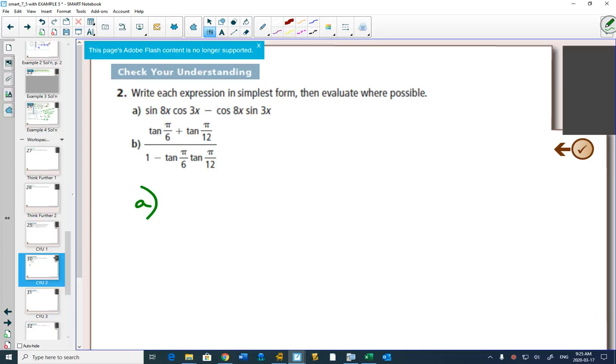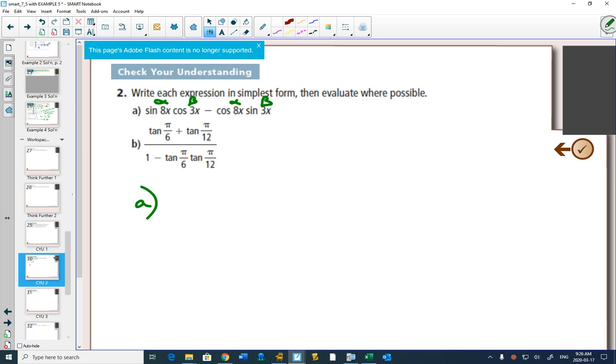So I look at a sine 8x cos 3x minus cos 8x sine 3x. Does that match up with one of those formulas? This is where the mostly memorized part comes in. You would look at that and say, oh, sine cos, cos sine. I think that's one of them. If this is my alpha and this is my beta and this is my alpha and this is my beta, which one is it?